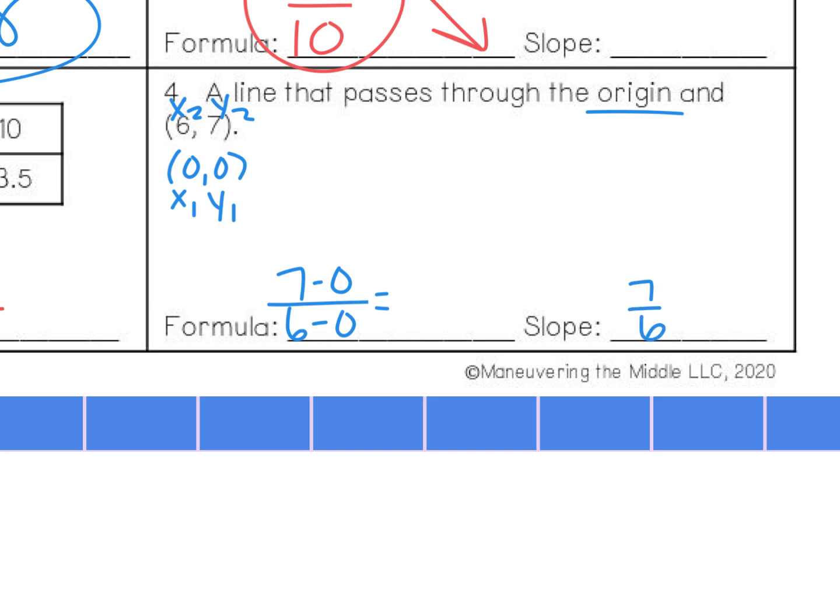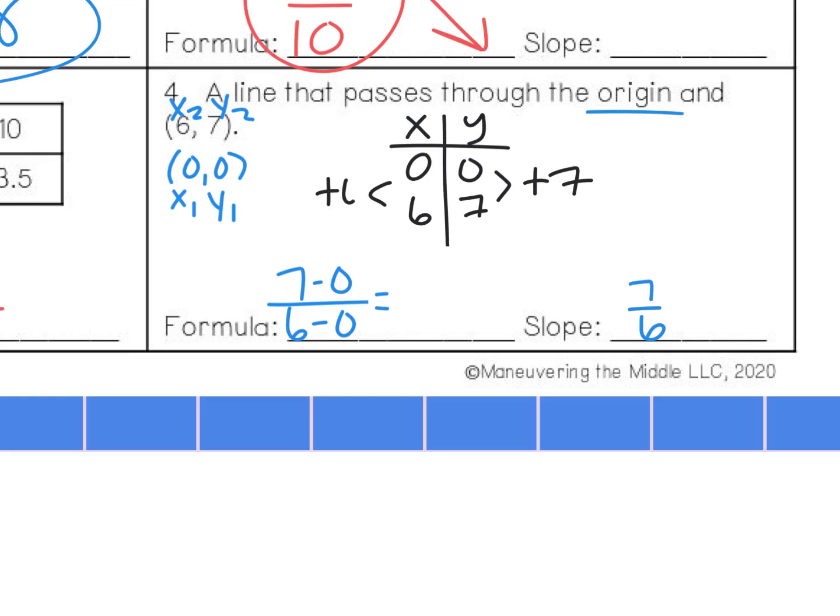Now, some people do not like the formula, and that is purely personal preference. If you are given 2 points like that, you can always make a mini table like this, and then you can say, oh, this is plus 7 and this is plus 6, and you're still going to get the same thing. What is the direction of this line? Up. This one is up.